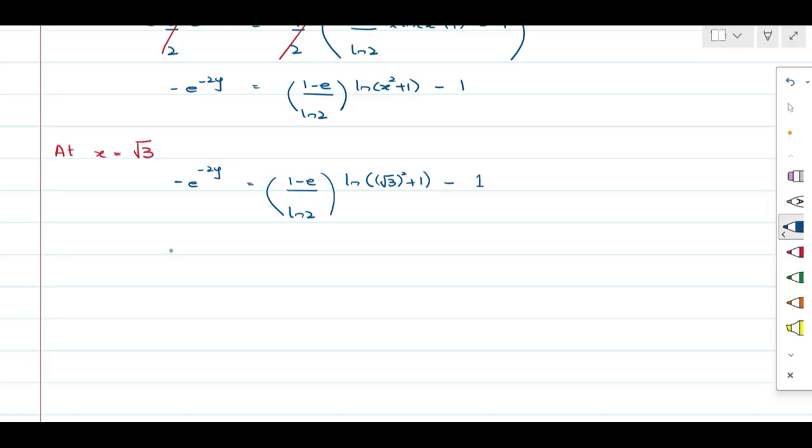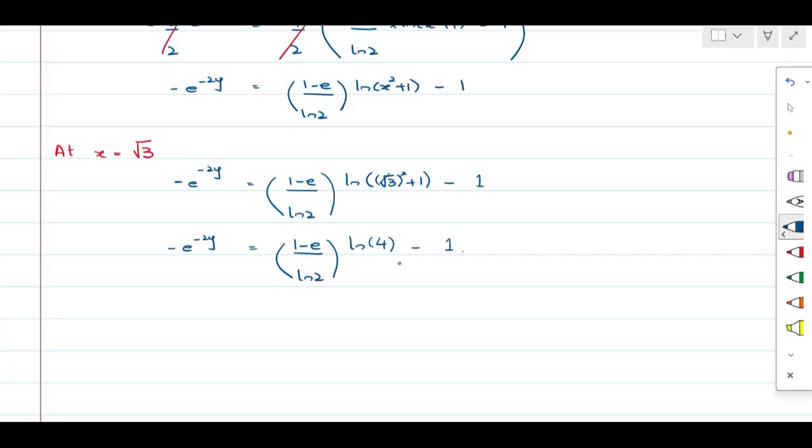Okay, so this is minus e power minus 2y is equal to (1 minus e) divided by natural log of 2 and its product with natural log. This is cancelled out. 3 plus 1 is 4, minus 1.